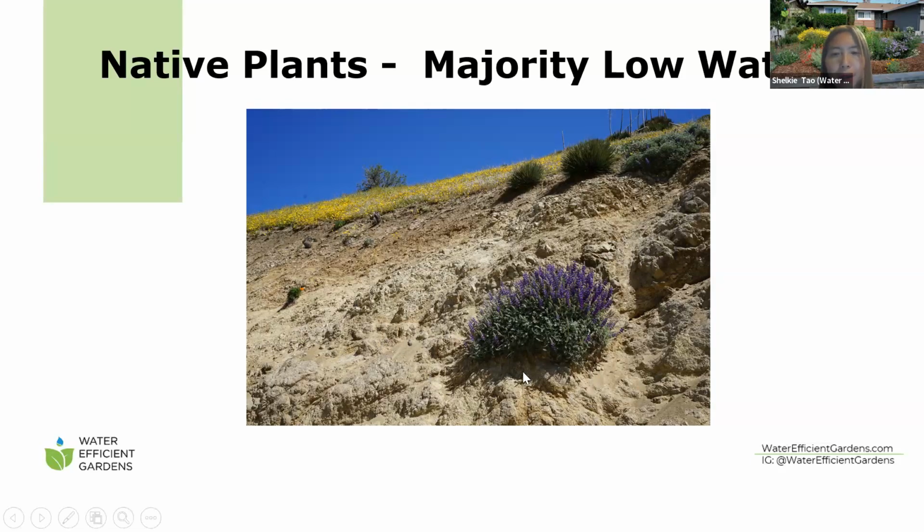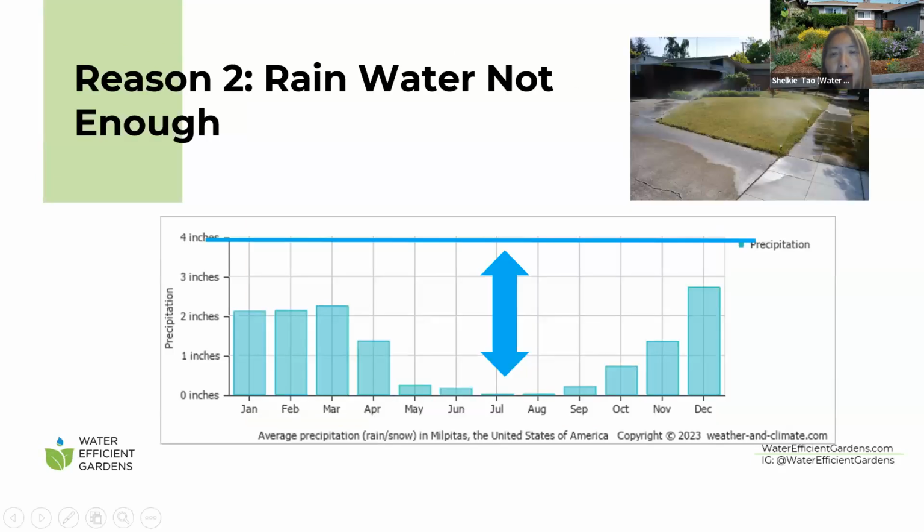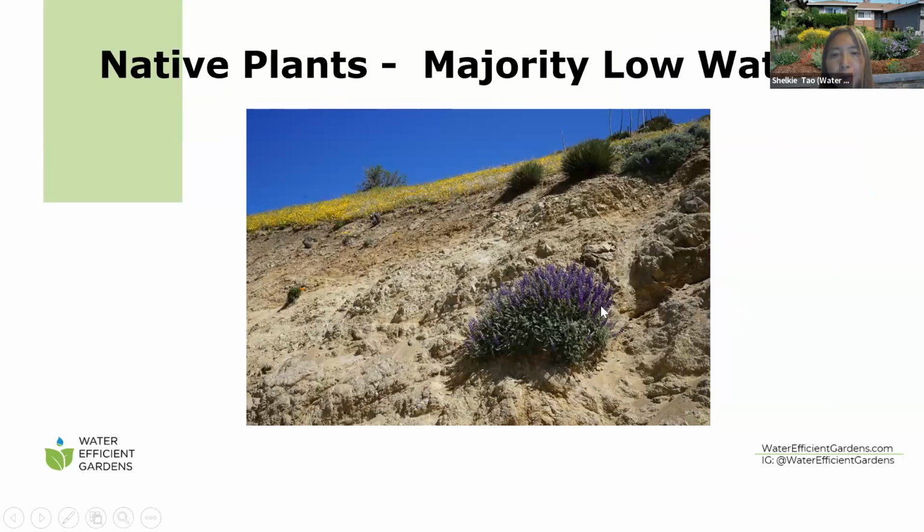There's no water inside, but it not only thrives but also blooms so brilliantly. So that's how adapted it is to survive in this kind of dry environment. So between this lupine and the grasses, you can see why the grass needs so much water, but our native plants can do really well with just very, very little water.